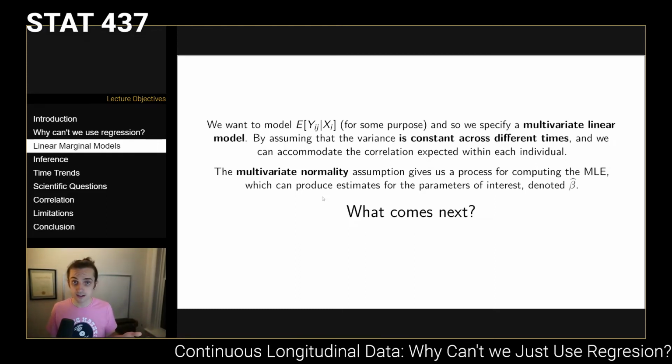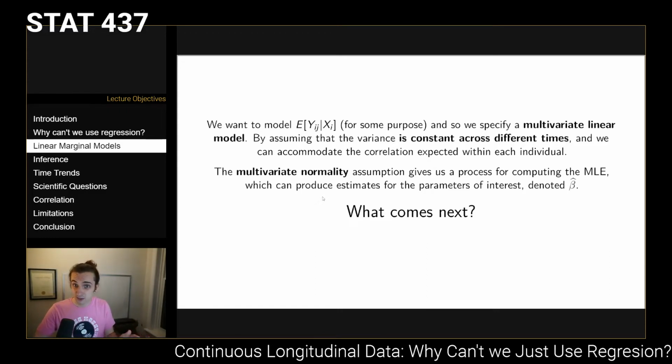To do this, we're using the multivariate normal distribution, and we need to specify some sort of covariance structure. So we assume constant variance over time, and we otherwise don't make any assumptions on the variance. We can solve for the maximum likelihood estimators, and we get this closed form expression that we could in theory use to estimate these parameters.